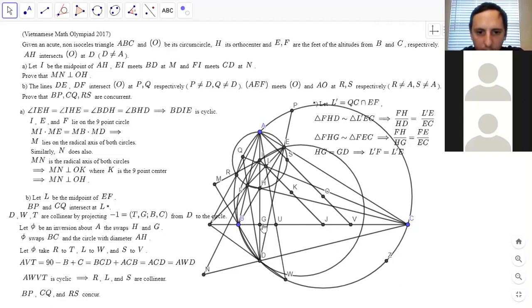So T, G, B, and C are in harmonic conjugation. I think that's well known because CF, BE, and AG are concurrent. So we know this is true.